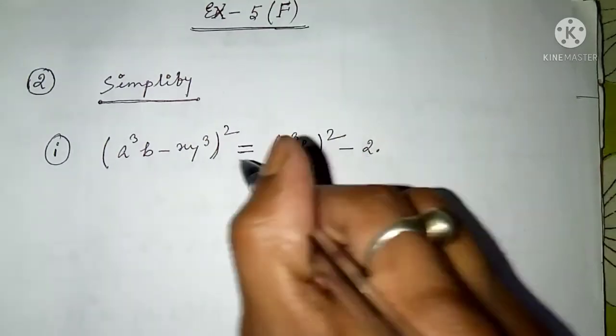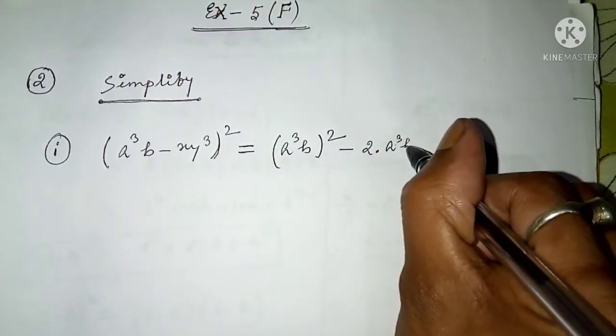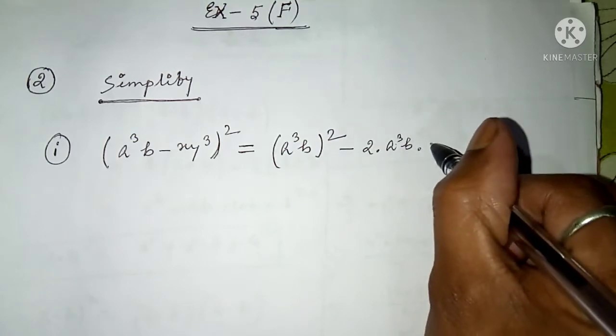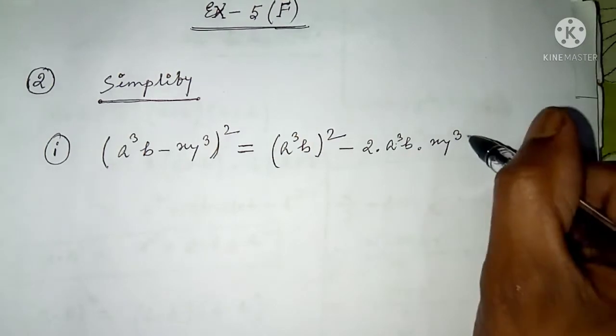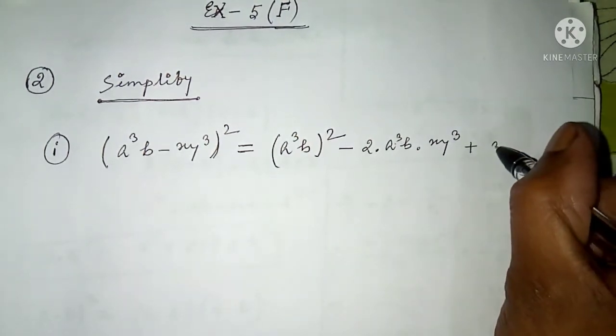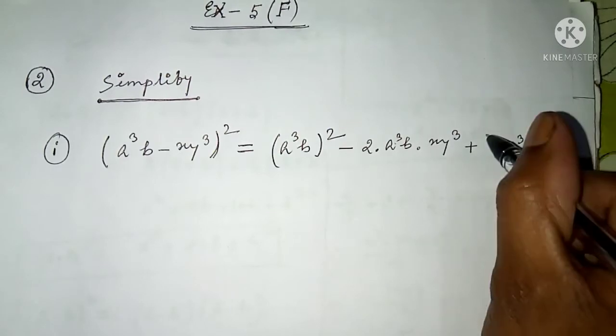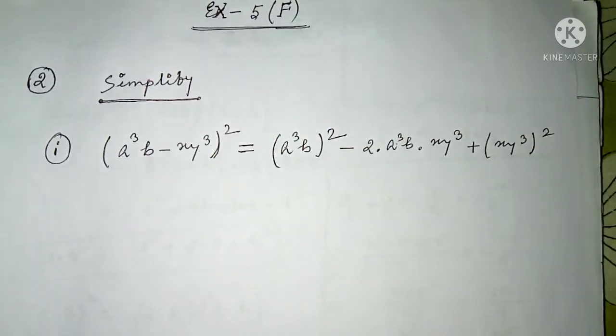Your first term is a cube b, and your second term is xy cube. And at last you have to write the square of second term, and the second term is xy cube.